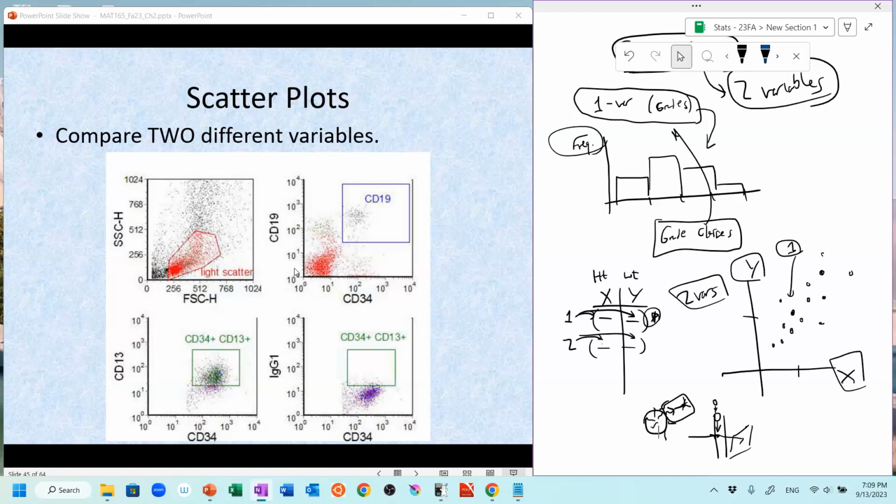And maybe that means something really important to them, that this person maybe has this disease or does not have that disease. Or the same thing with the CD34 versus CD13 down here on the left. We see a cluster of cells in this area, right around, say, 100 units of intensity related to CD13, and 100 to 1,000 of CD34. Maybe that means something to somebody who's trained to read these.